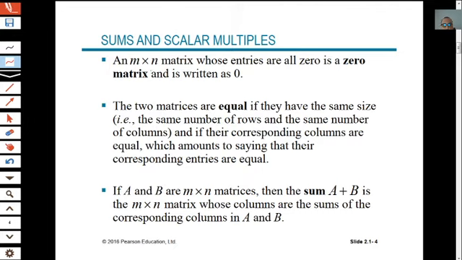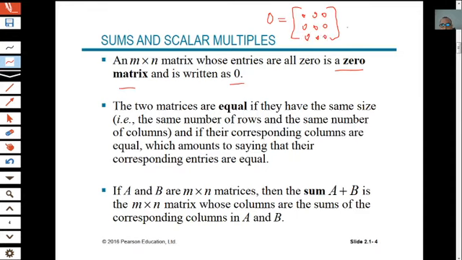An n by n matrix whose entries are all 0 is a zero matrix, written as 0. A zero matrix can be given, for example, in R^3, namely all entries are equal to 0, like the 0 vector.